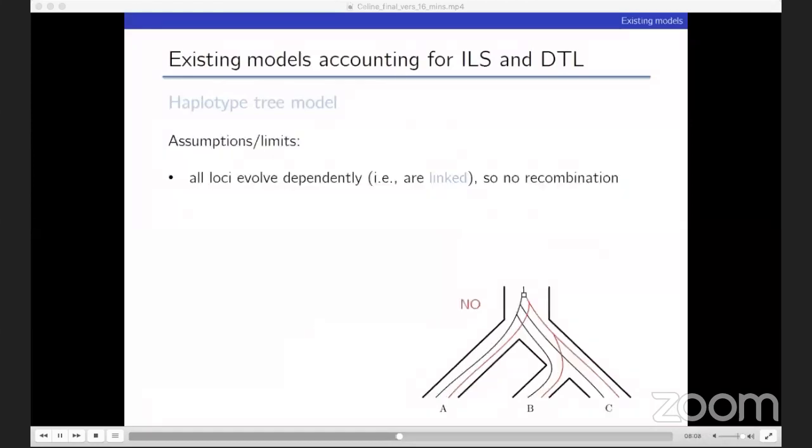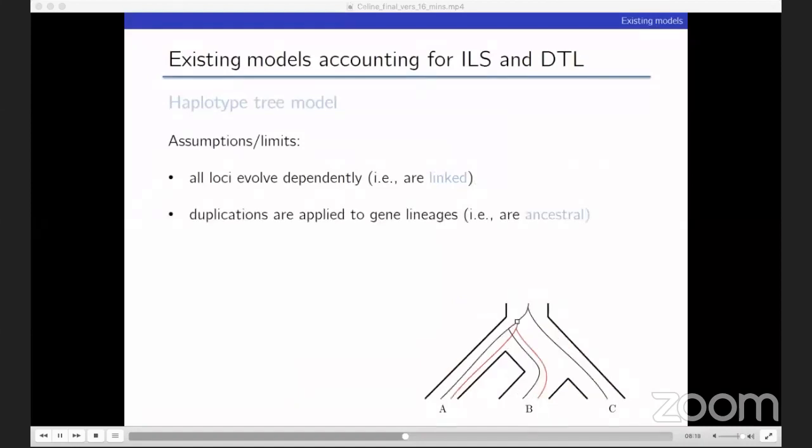The differences with the Lucas3 model are mainly three. In this model, all loci evolve dependently, so no recombination is possible. The duplications are applied to gene lineages, so they are ancestral. And by a symmetrical reasoning to what was done for the Lucas3 model and non-ancestral duplications, here ancestral duplications are a reasonable consequence of the assumption that all loci evolve dependently, since the probability of a non-ancestral linked duplication is vanishingly small.